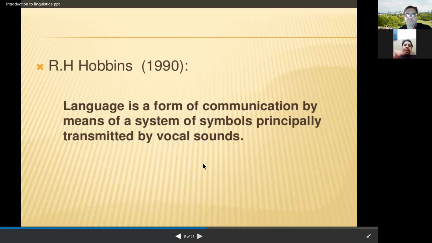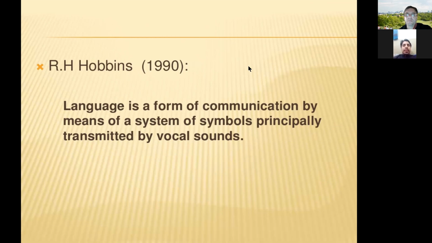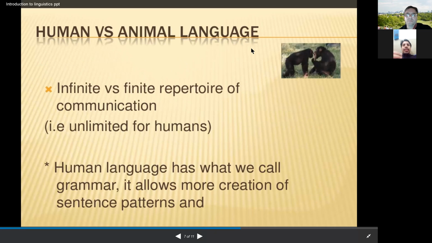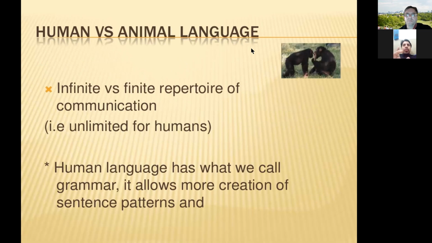So that's the same thing: this is a process we use for communication. The people are using, have used, and still use it. Language is a form of communication, a system of symbols transmitted by vocal sounds, in written form or in spoken. For example, now I'm speaking, so I am giving these symbols a logical clue, and it gives us feeling.